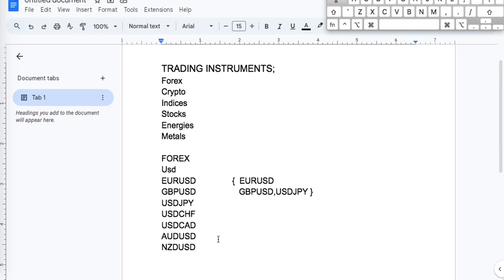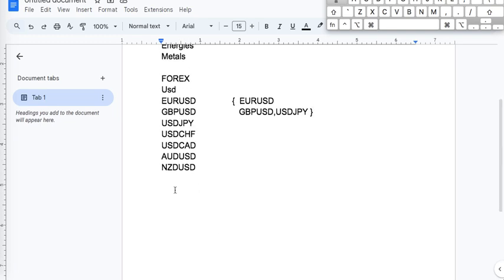One, these three pairs, the Euro USD, GBP USD, and the USD JPY, offer high liquidity.